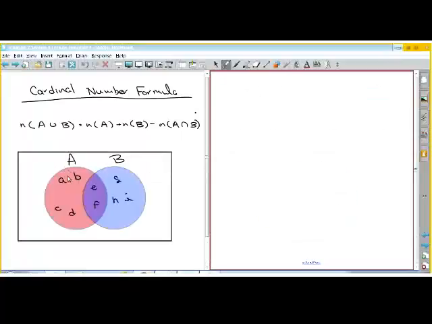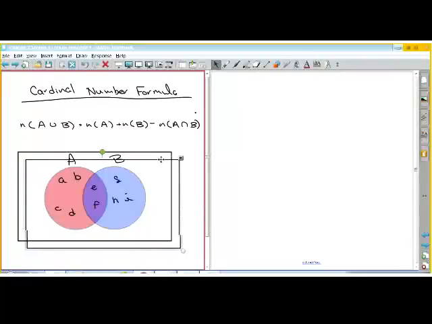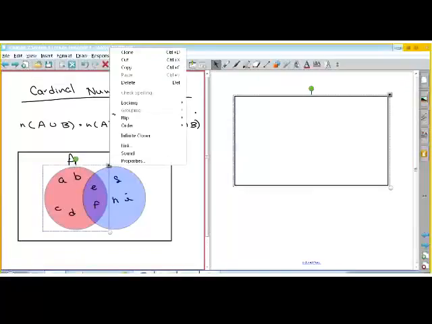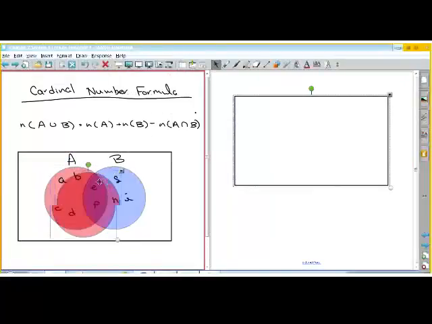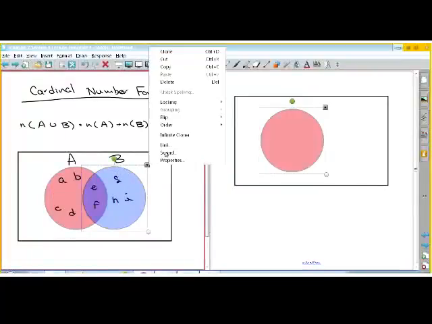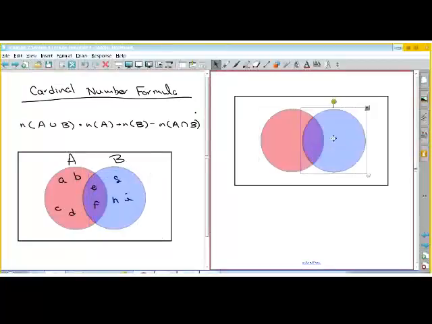So I've got this example. These are not numbers, these are actually elements. But if I were to draw a Venn diagram, instead of having the actual elements, just the number of elements, what I would do is I take this original diagram and I'd replace the actual elements by the number of elements. So I'm going to redo it.